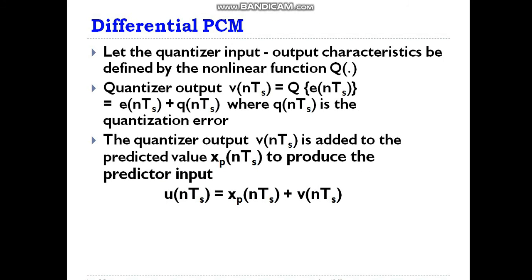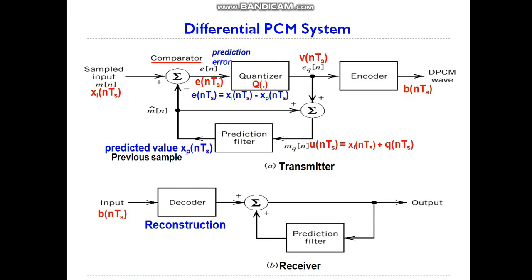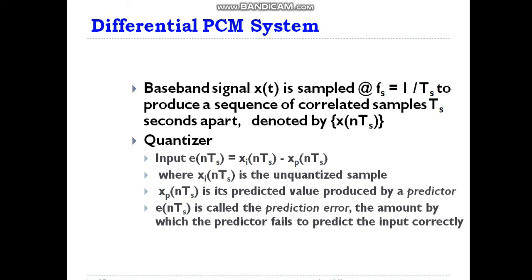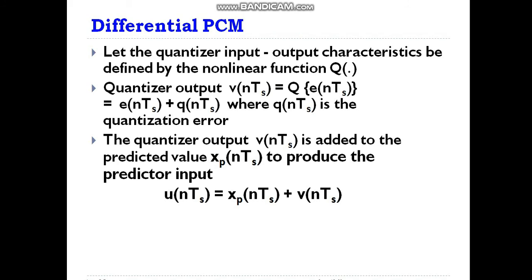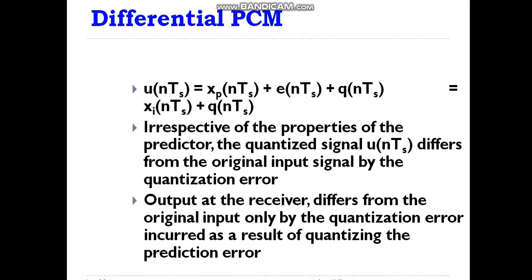The quantization output v of nTs is added to the predicted value, so u of nTs equals x_p of nTs plus v of nTs. So the predictor input is u of nTs equals x_p of nTs plus e of nTs plus q of nTs, where x_p of nTs is the predicted signal, e of nTs is the prediction error signal, and q of nTs is the quantization error. Therefore we get x_i of nTs plus q of nTs.